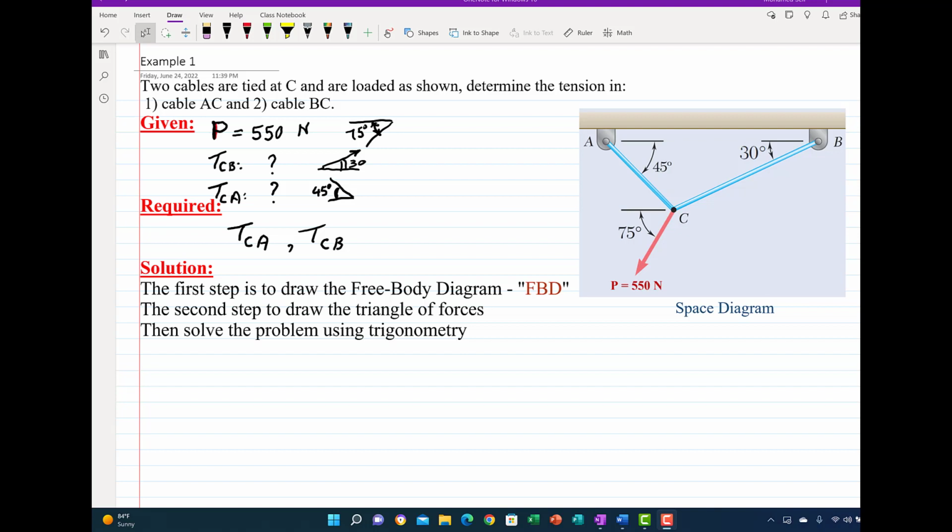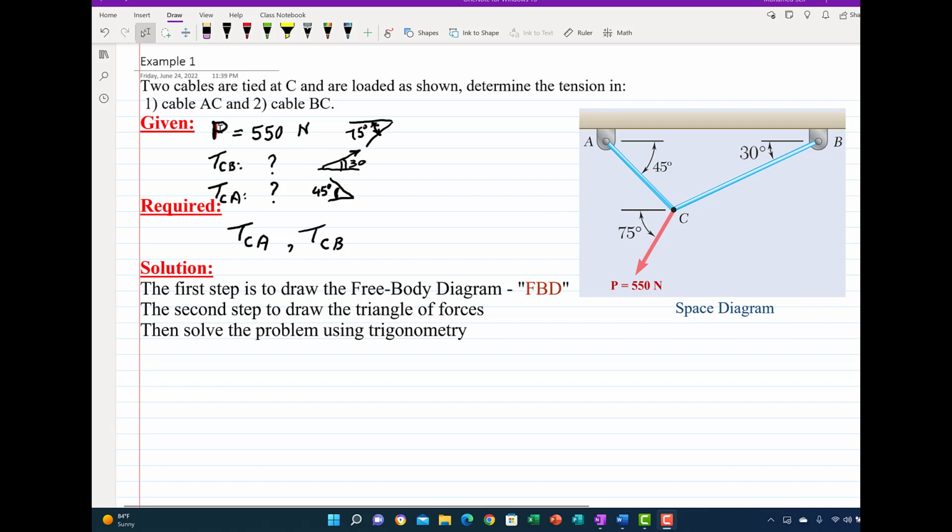The first example I have is two cables, CA and CB. They are tied together here at the point C, and there is a force P, 550 Newton, making an angle of 75 degrees with the horizontal.